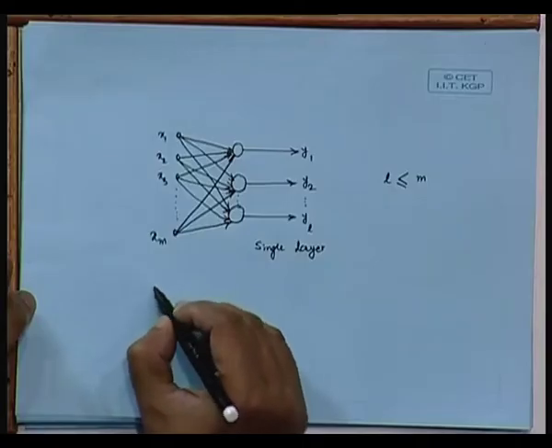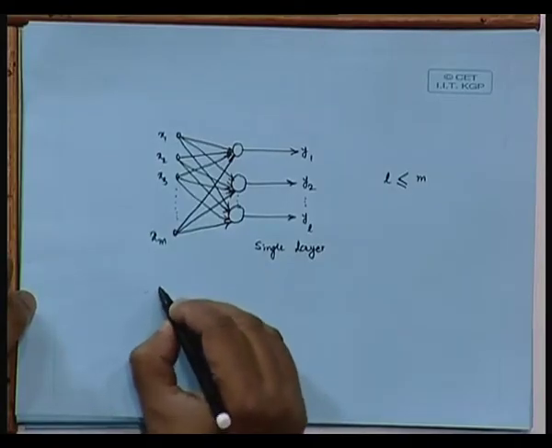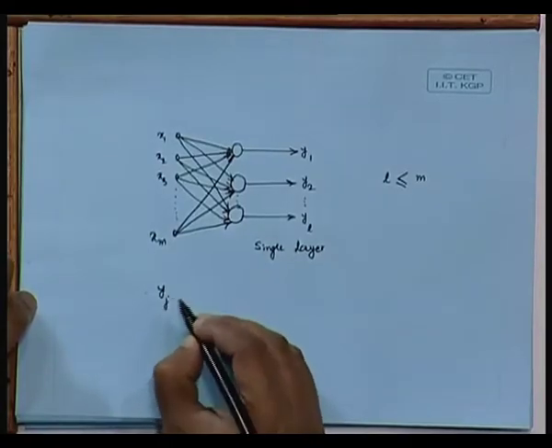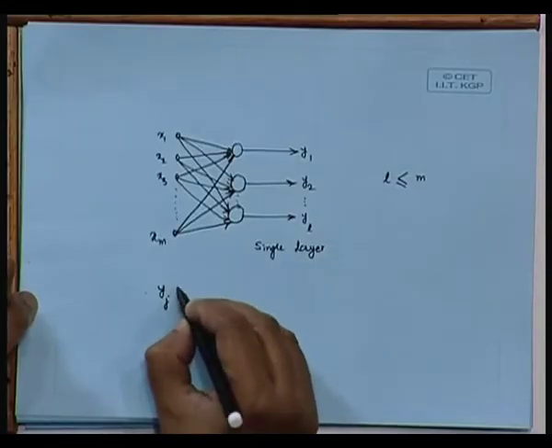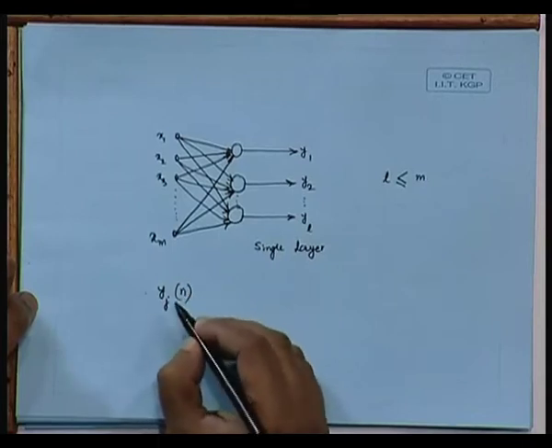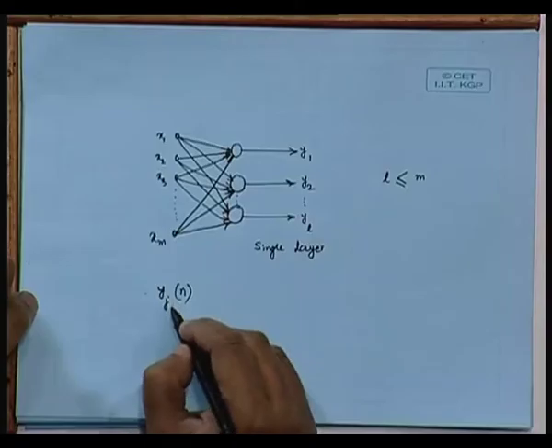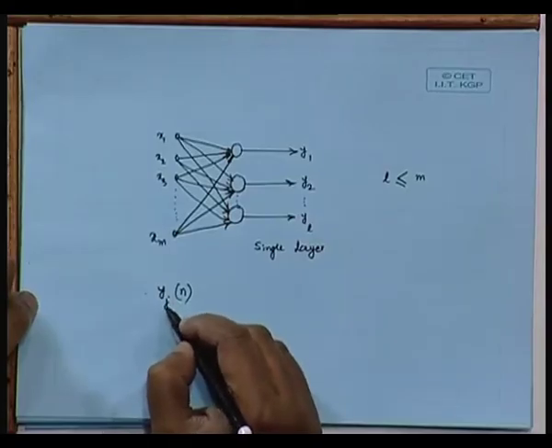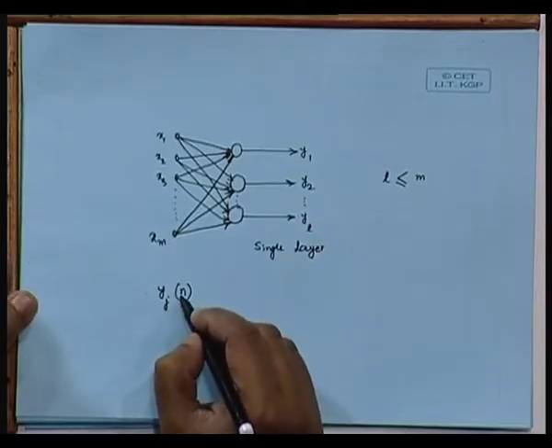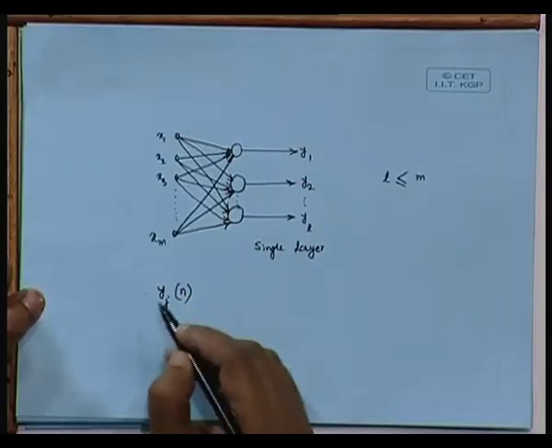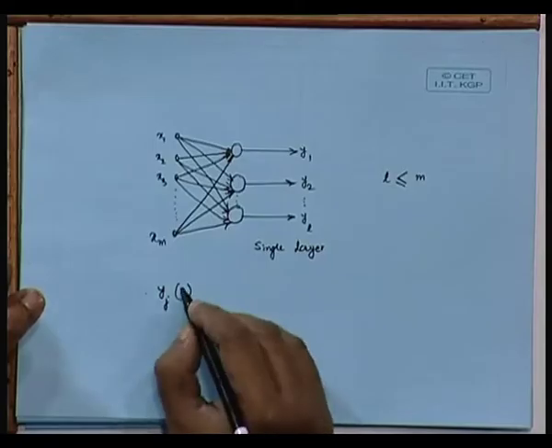The output of those neurons could be written like this: if we are considering the jth neuron output at iteration number n, we represent that as yj(n), indicating that the suffix j is the jth neuron, and this n, the number written in the parenthesis, is the iteration number, the iteration of learning.